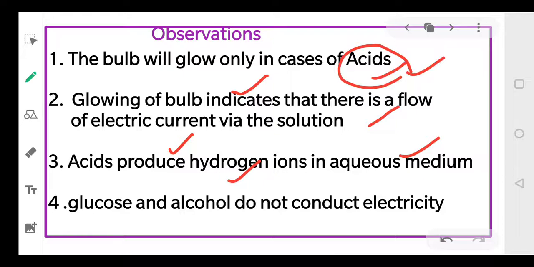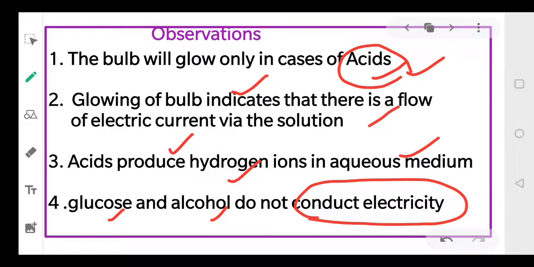Right? Glucose and alcohol will not conduct electricity. When we pour glucose and alcohol in the beaker and switch on, the current will not flow. Why will the current not flow? Because they will not produce H+ ions, or hydrogen ions. Clear? They will not produce hydrogen ions. Okay, clear everyone?